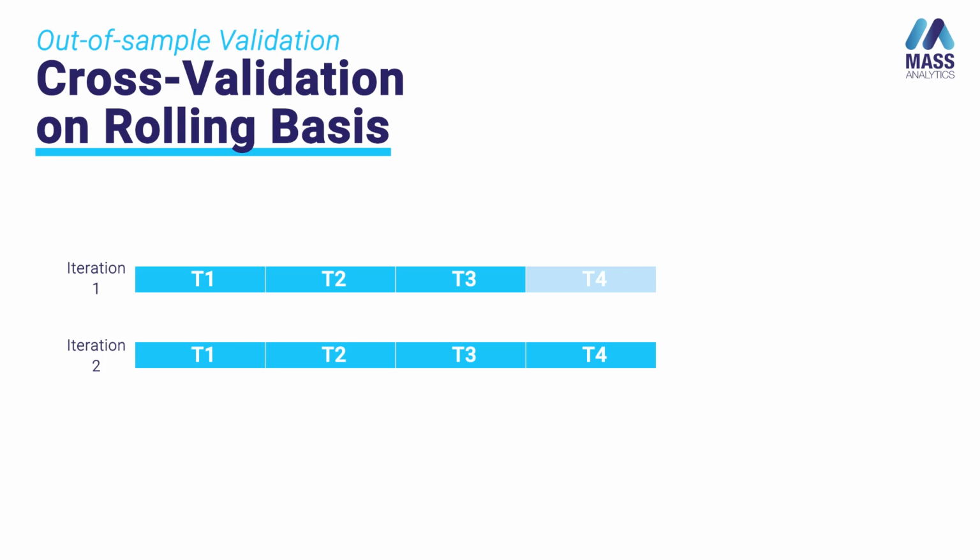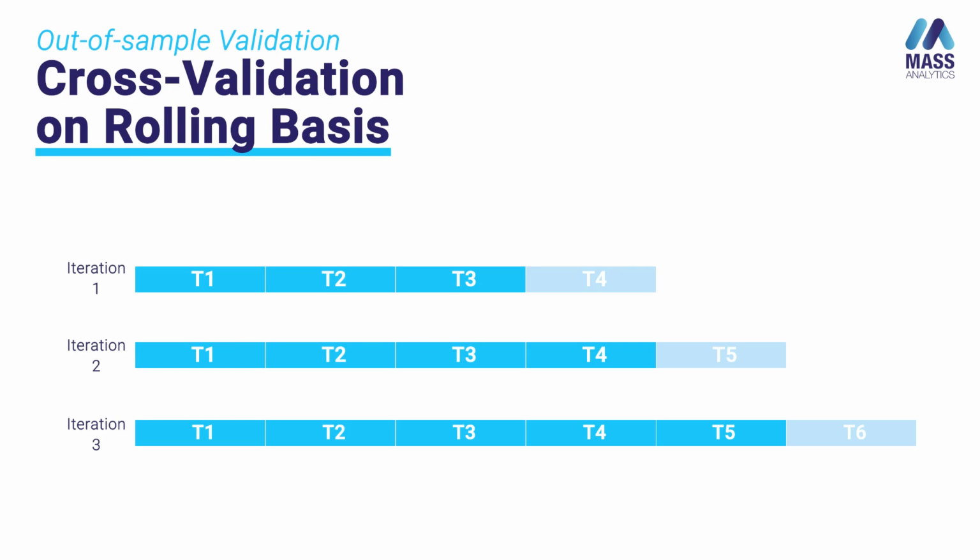And we will be using the model that is trained now on the extended data set to forecast the later points. So we keep adding chunks of data to the training set, and we keep looking at the quality of the forecasting that is generated. That's exactly how the cross-validation on rolling basis works.